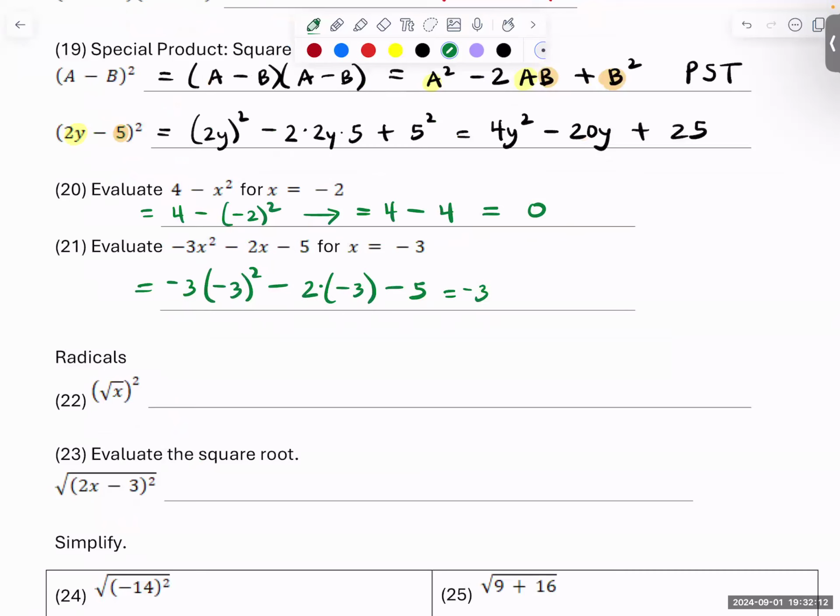So this is negative 3 times 9, minus a negative 6 as a product, which becomes plus 6, minus 5. It is negative 27 plus 6 minus 5, which is negative 21, minus 5. Final answer, negative 26.